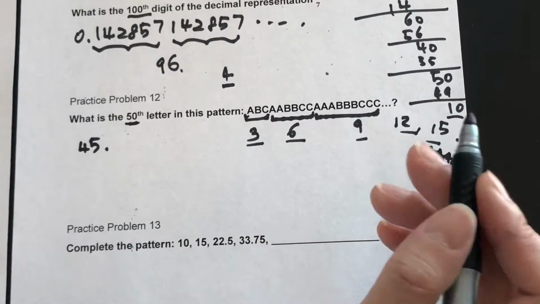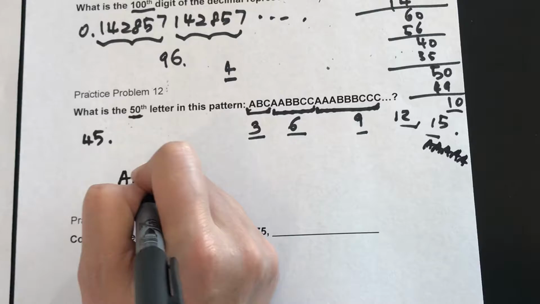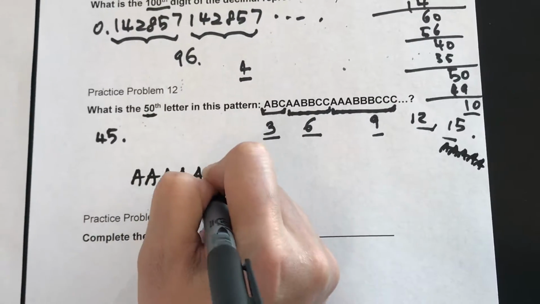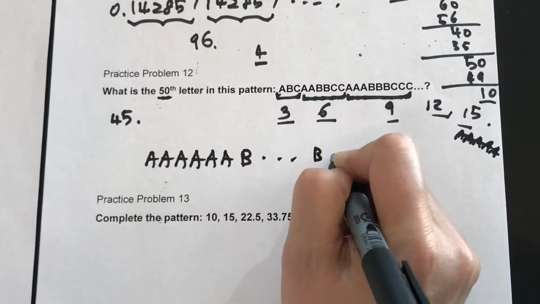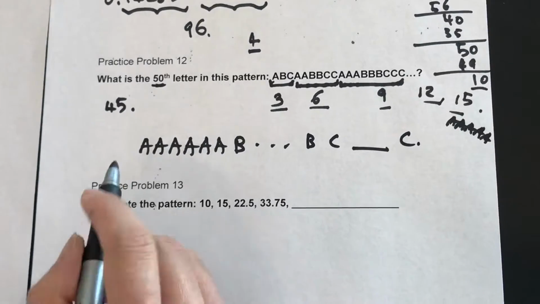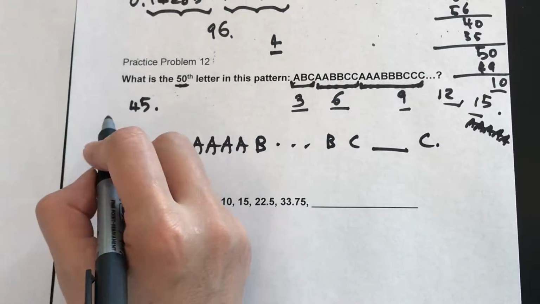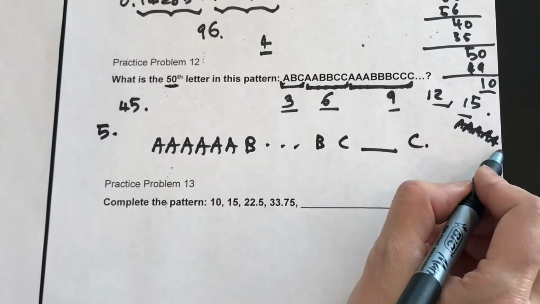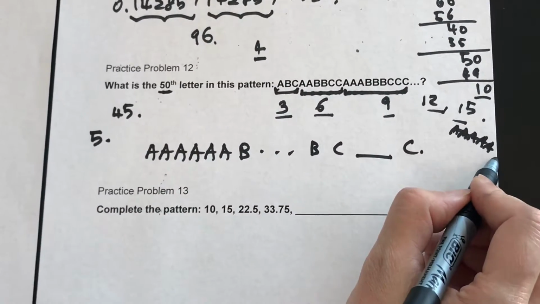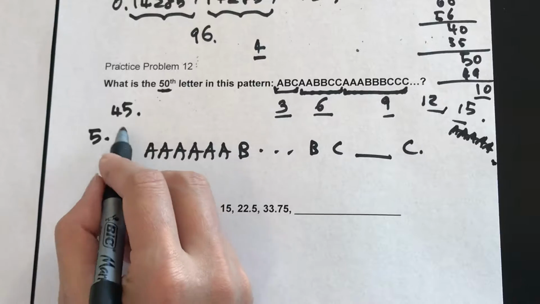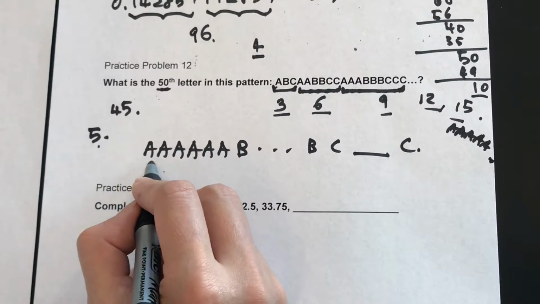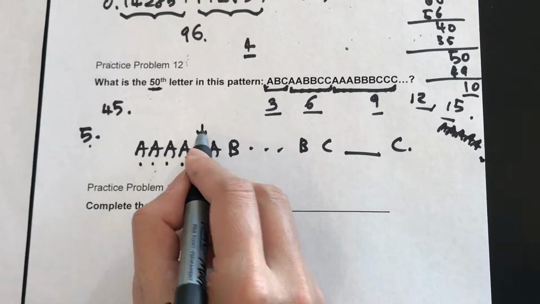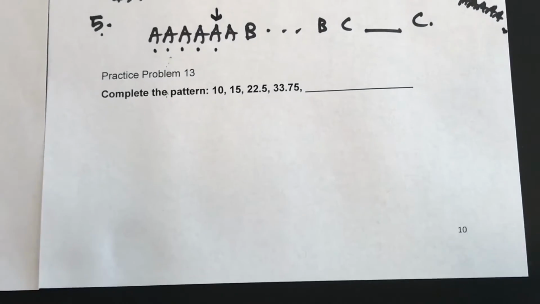The next one is going to have 6 A's, 6 B's, and 6 C's, right? So 45, the unit digit now is 5. After the 5th repetition, the 6th starts. What is the 5th letter? 1, 2, 3, 4, 5. That's letter A.